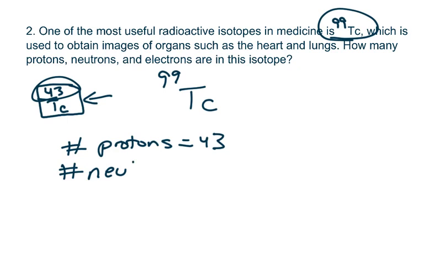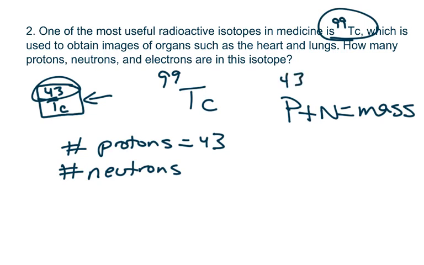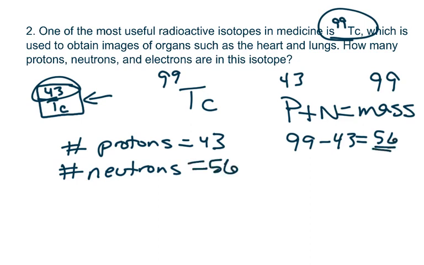Number of neutrons, remember, protons plus neutrons equals mass. All right, so protons is 43. Mass is 99. So 99 minus 43 equals 56. That is the number of neutrons.